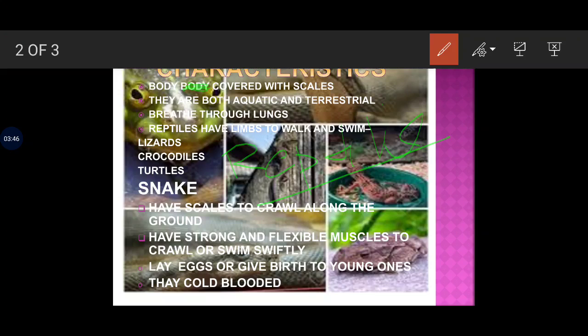I would repeat this point: they do not have gills, they have lungs to breathe. This is where the transition happens. In fish, you saw they have gills. In amphibians, until a certain time period they have gills, but later on they develop lungs.